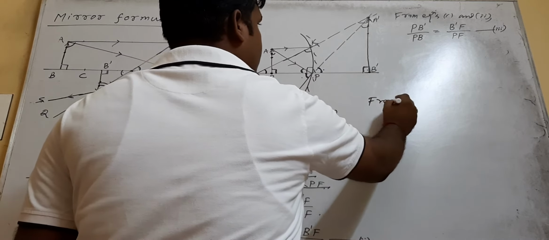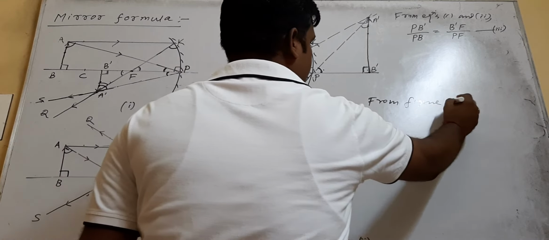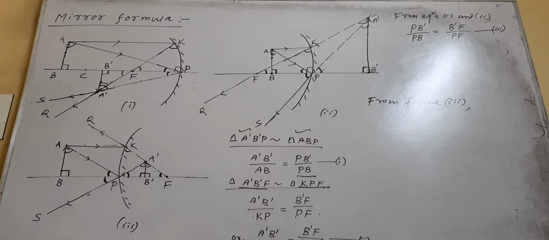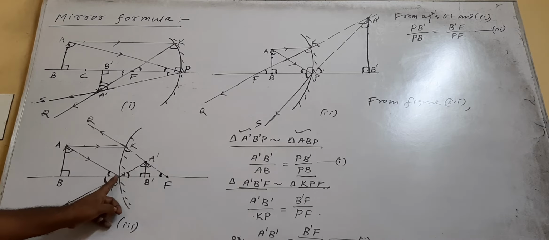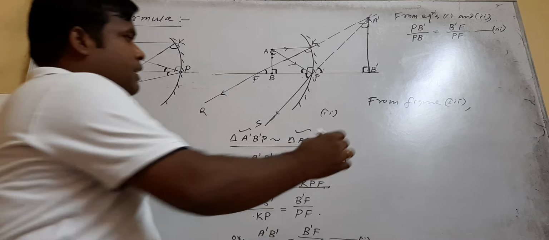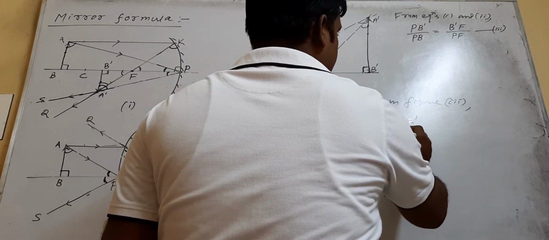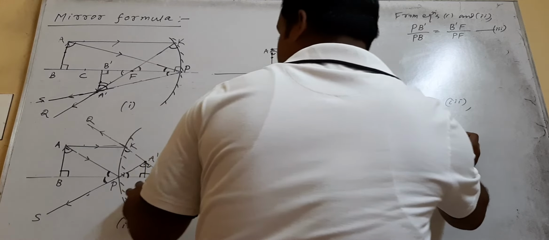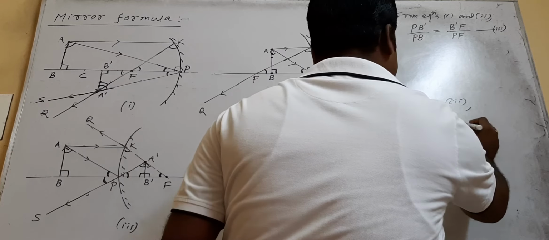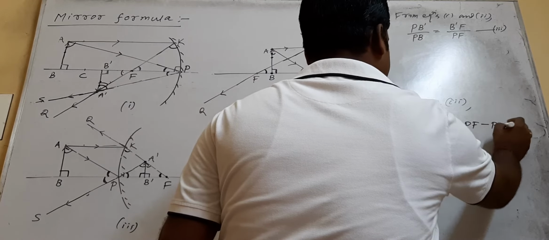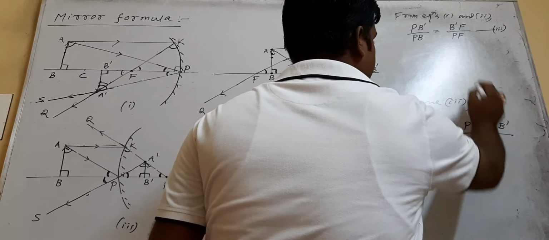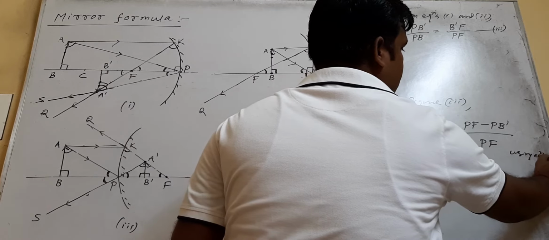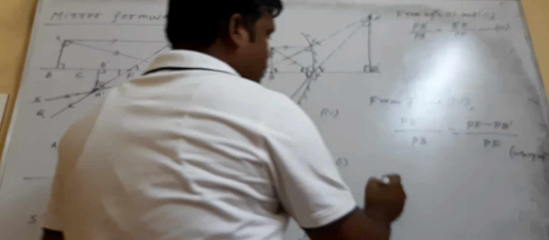Now from figure 3, that is for the convex mirror, you see what is B'F. That is PF minus PP', that is PP' by PP, and B'F, that is PF minus PP' by PF, using equation 3. So now what is PB'?